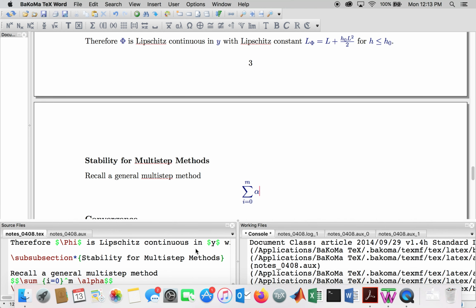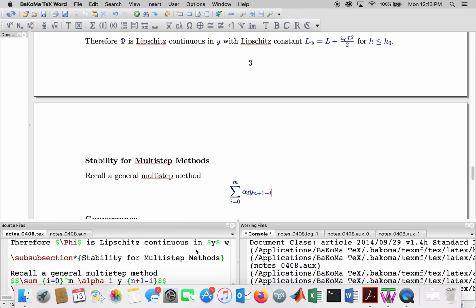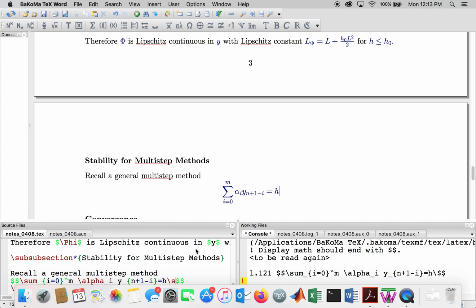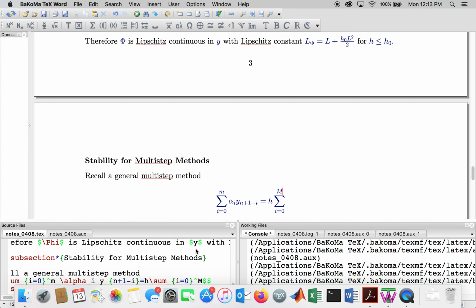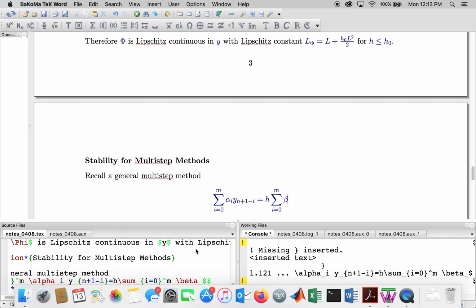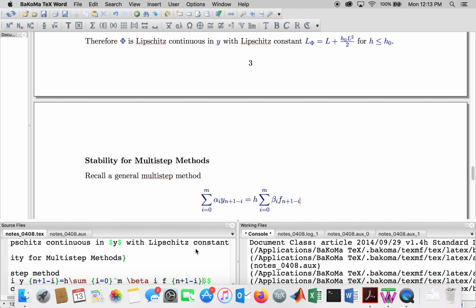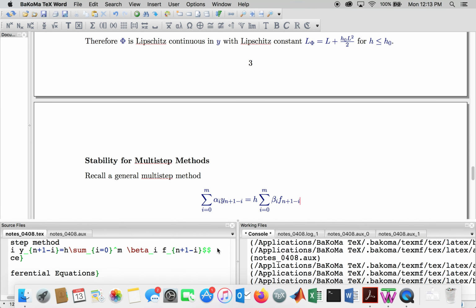The left side is a linear combination of y values, and then on the right side we have h times a linear combination of f values, with constants alpha i on the left side and betas on the right side.